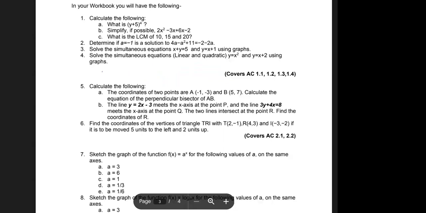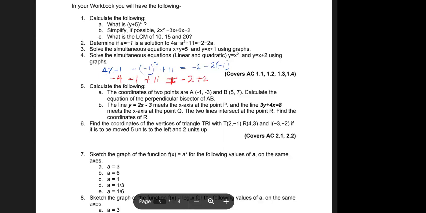You write this one like 4A minus A squared plus 11 plus 2 plus 2A, so everything equals 0. But that means, if A is a solution of this, let me put that down. If it's a solution, it has to be equal to each other. It must be equal to each other.